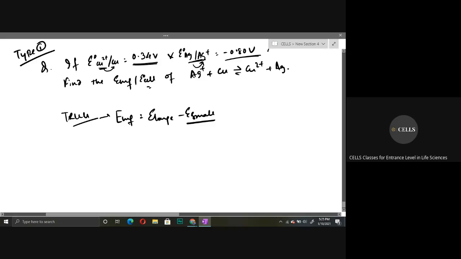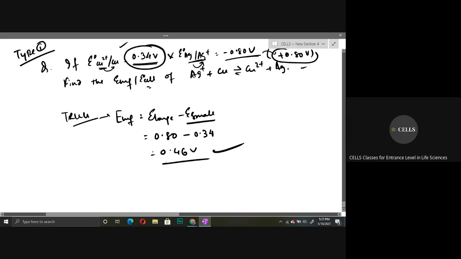So the reduction potential value will now be plus 0.80 volt. So you have one reduction potential value 0.34 and another of plus 0.80. Now you subtract the smaller one from the larger one. So 0.80 minus 0.34. The answer will be 0.46 volt.